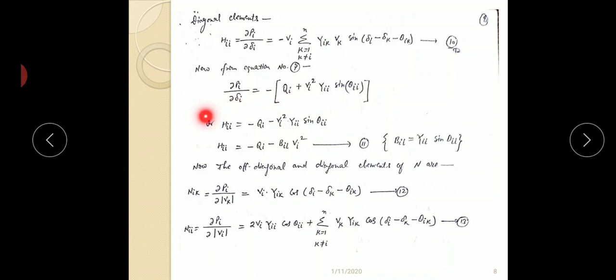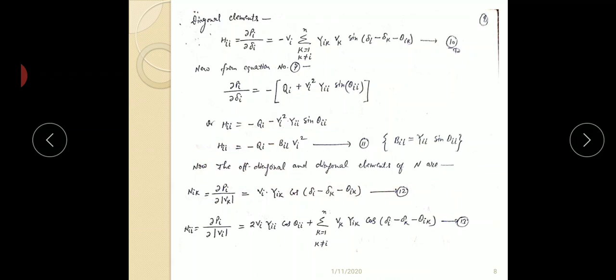This can also be written as Hii equal to minus Qi minus Vi squared Yii sin theta ii. Right.